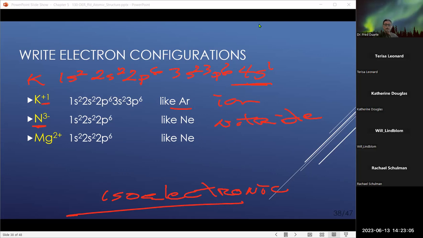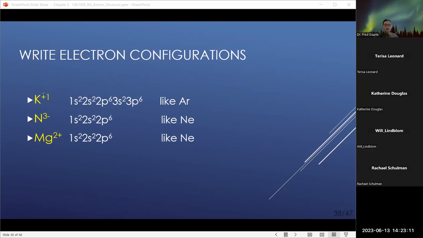All right. So the takeaway here is when they ask you for electron configurations, make sure that you are looking carefully at the element and make sure you do not give the atom electron configuration when in fact the question is asking about the ion. Okay.